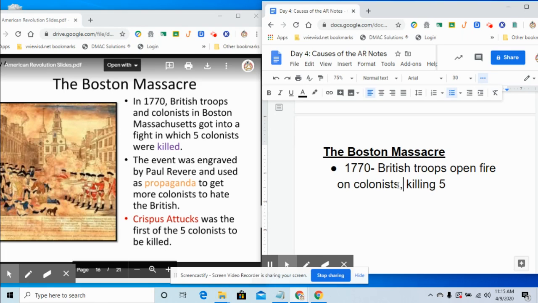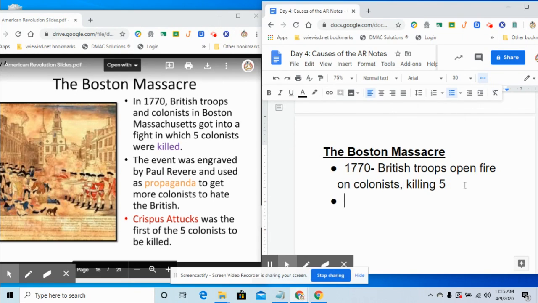It was by newspapers and letters that would take a really long time to get delivered. But as the word spread, colonists were angered, and not only were they angered, they were astonished that the British Crown would allow this, and they also kind of lived in fear. I mean, at any point, your own government could attack you because you threw a snowball at a British troop.